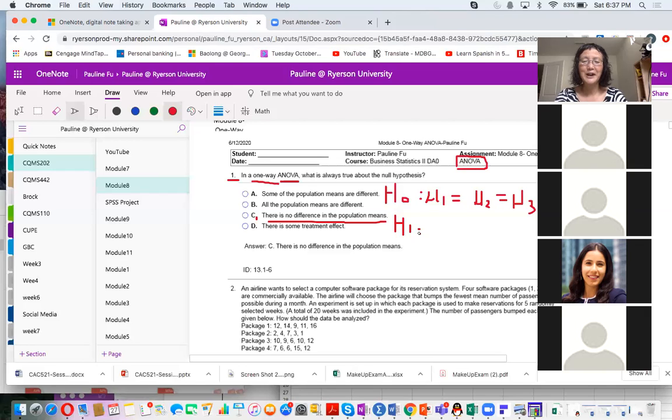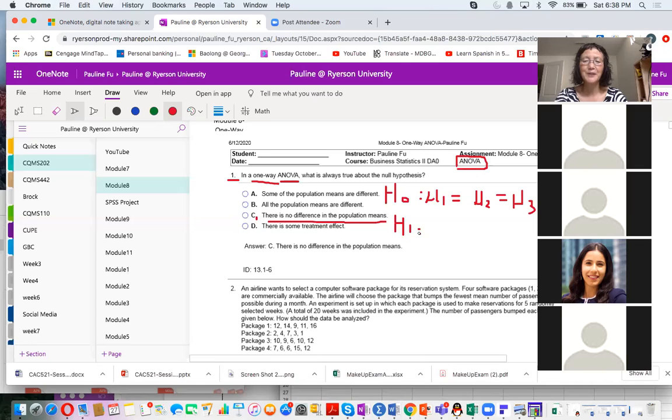But that is just part of the picture. We also have a situation where mu1 equals mu2 but not equal to mu3. We also have a situation where mu1 is not equal to mu2 but mu2 equals mu3, okay? So if you want to address all the situations, you have to say at least one mu i is different from the others.